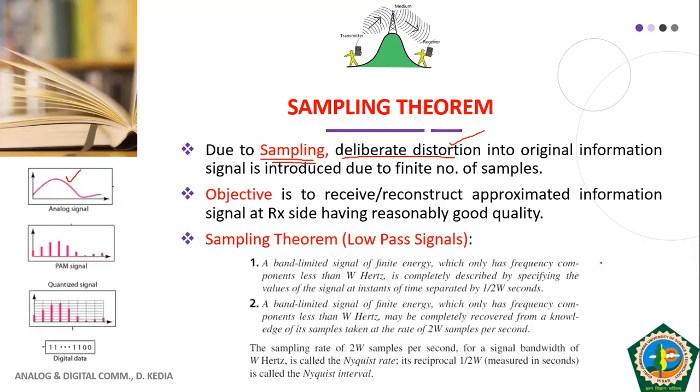Okay, and in that original analog signal, we have extracted certain samples in time, with the help of which we can approximately represent our original information signal. So that way I will say that due to sampling, some deliberate distortion into the original information signal, which was analog one, has been introduced. And this deliberately introduced distortion is due to the finite number of samples in time.